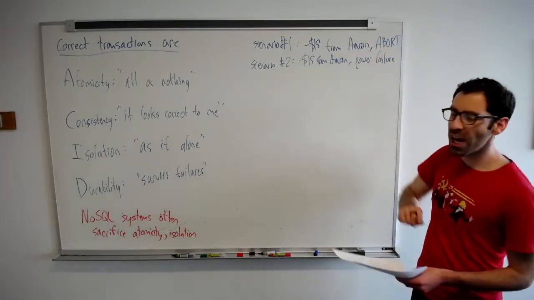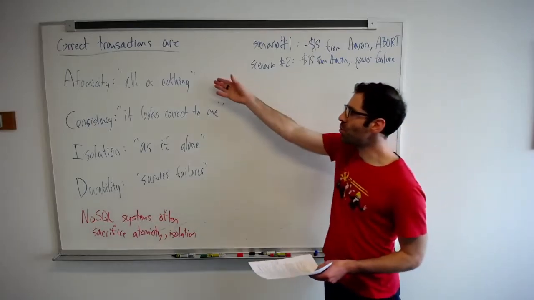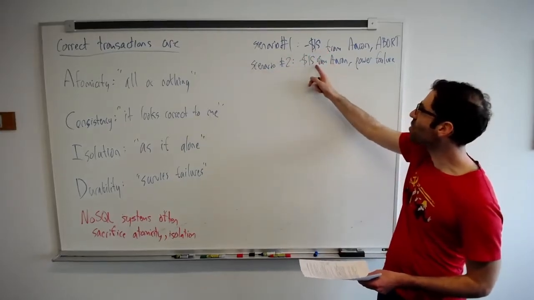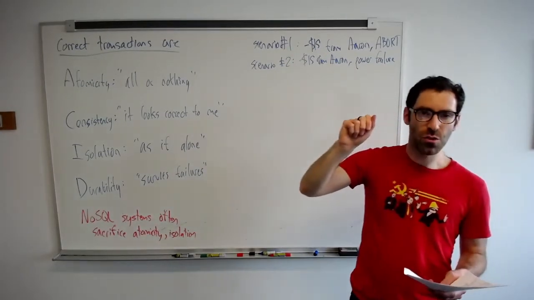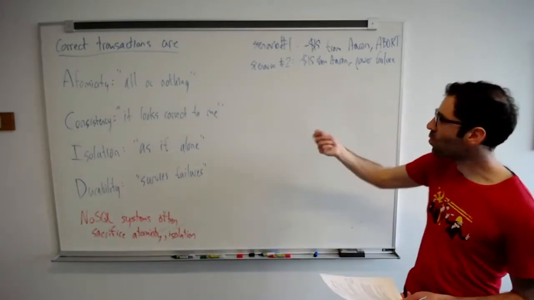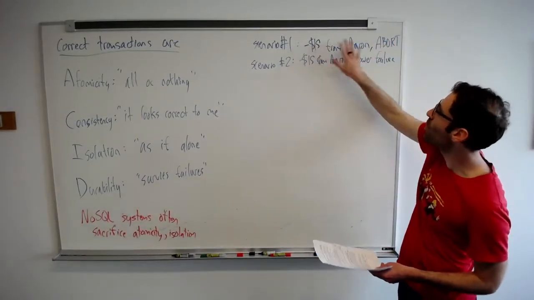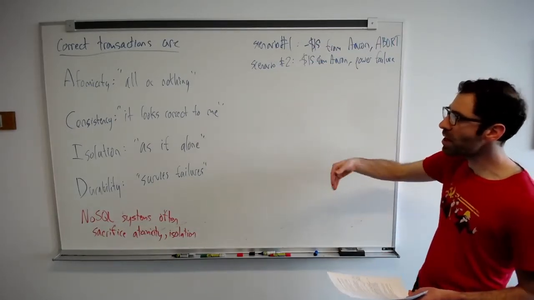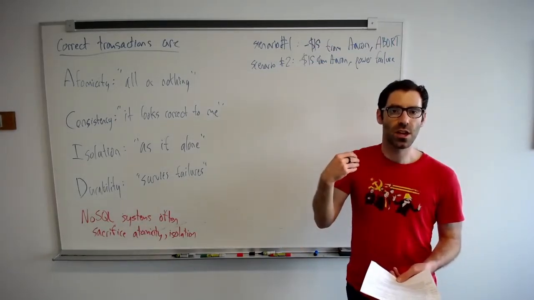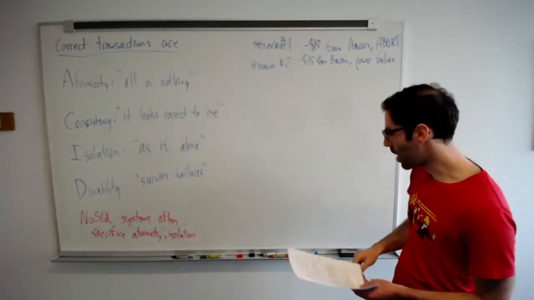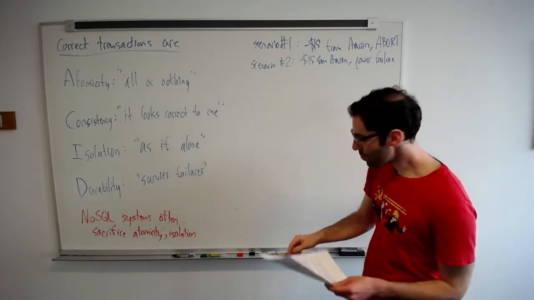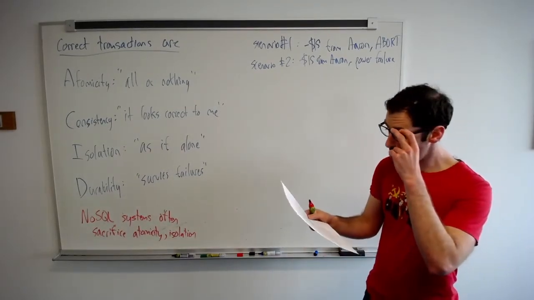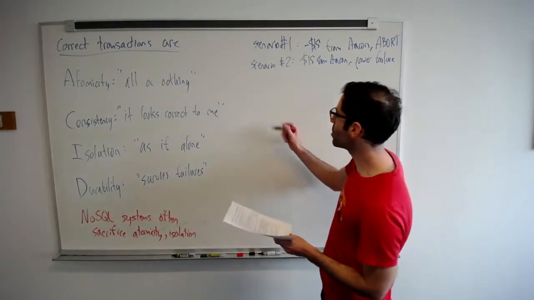So in both of these cases, we want to ensure atomicity, that either all of the transaction needs to happen or none of it, which means that in both of these, we need to somehow undo this minus $15 because the transaction did not complete, did not commit, which means its effects should not be present in our database. So there are two categories of approaches to this.